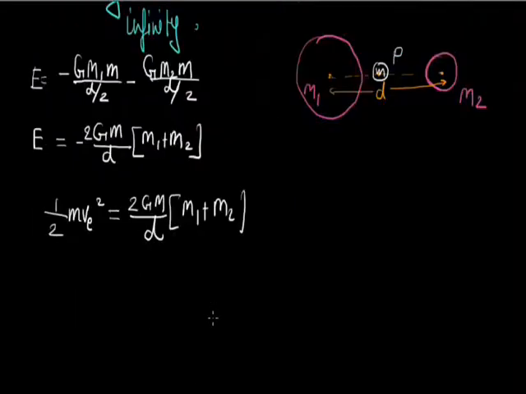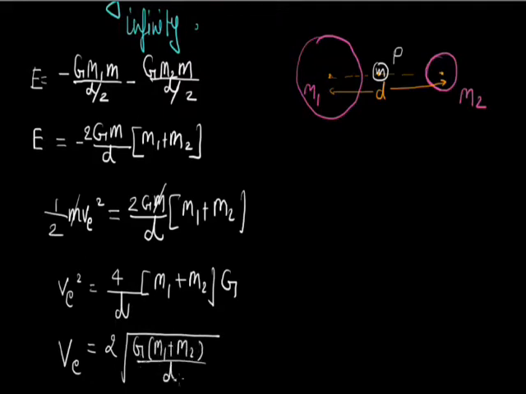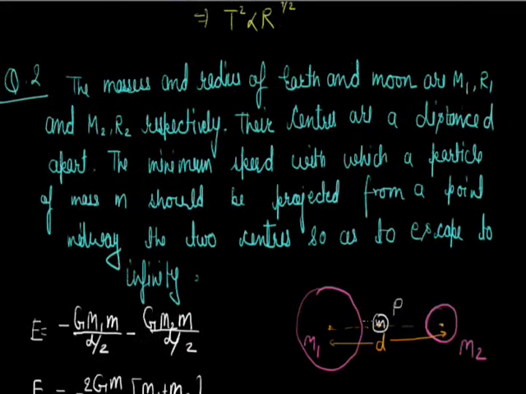Here mass will cancel out, and v e square will be 4 by d into m1 plus m2 into G. So velocity will be 2 root G into m1 plus m2 upon d. So this is the escape velocity of that particle.